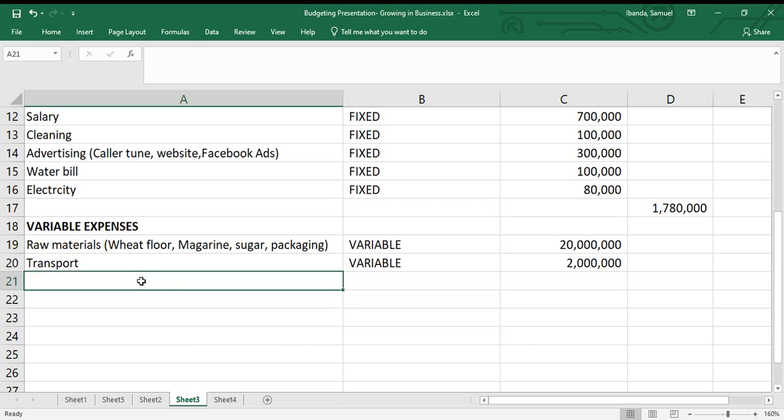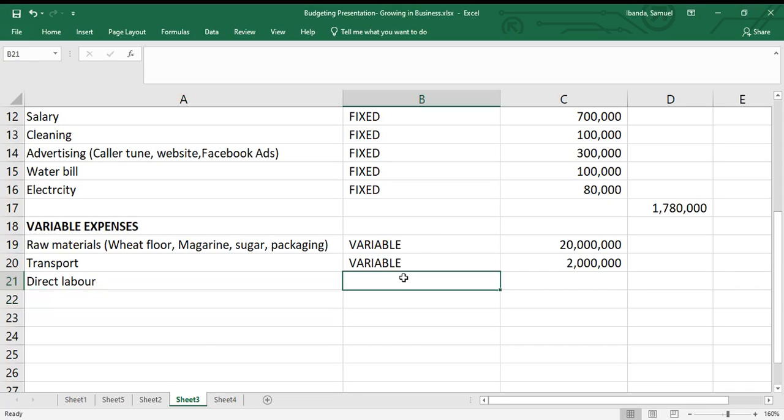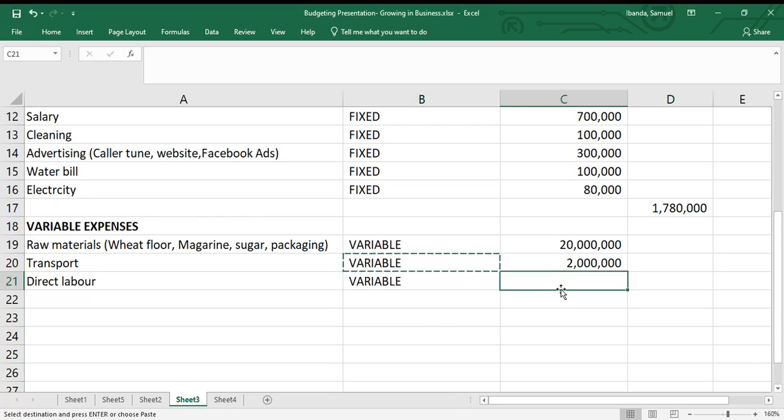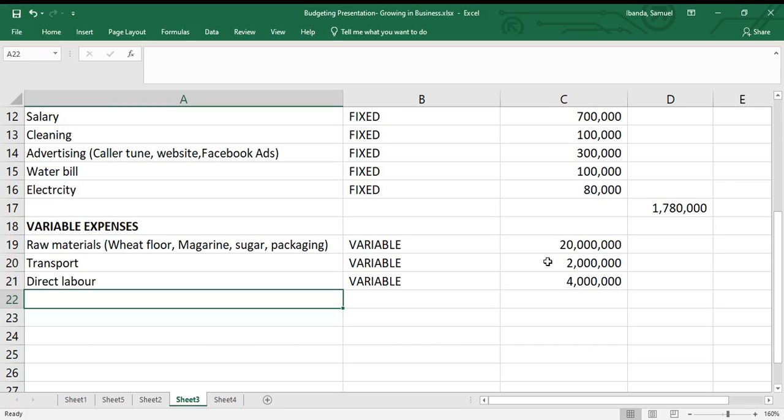Apart from transport and raw materials, you could have some direct labor, people that you pay based on what you produce. Maybe those you call on to support you when you have wedding cakes. Those could also be under this category. Maybe you plan to pay them about 4 million, depending on what you're really planning.